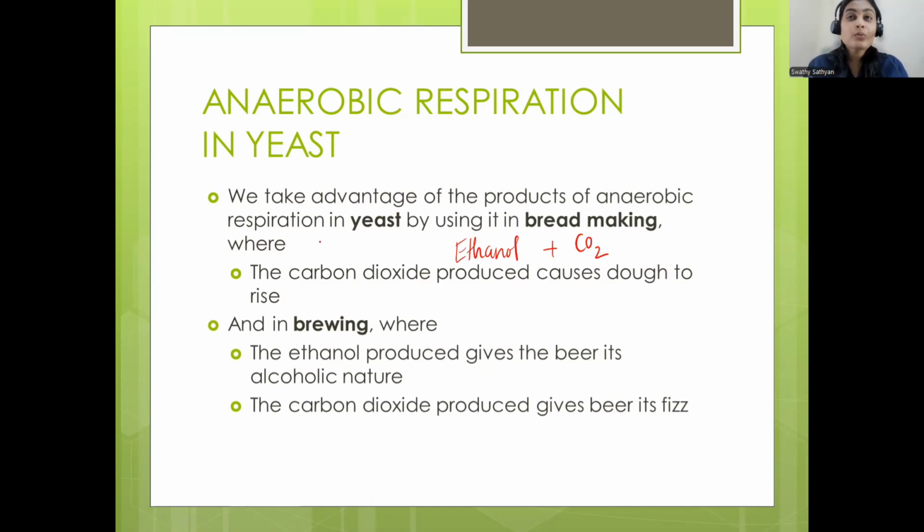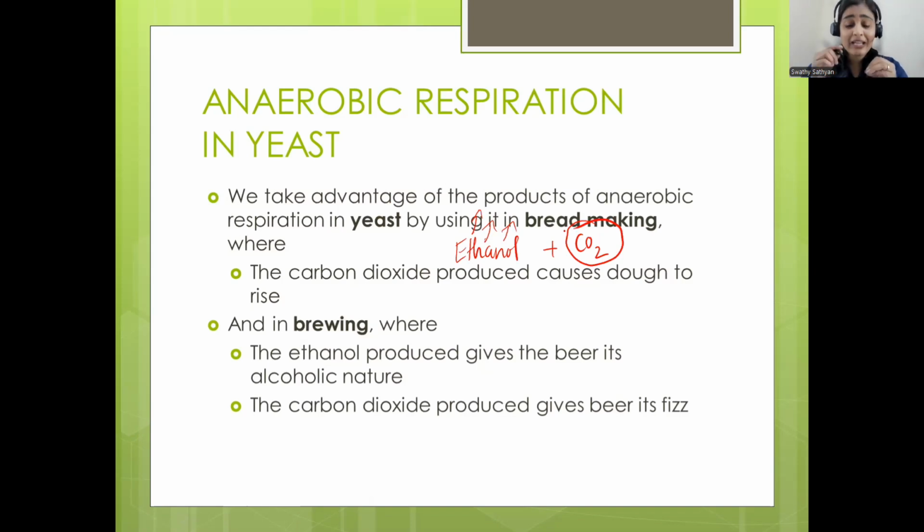So we bake the bread in the oven, right? So what happens when we heat up the ethanol? Very good. It will evaporate, right? This ethanol will evaporate, and only carbon dioxide will remain in the dough.